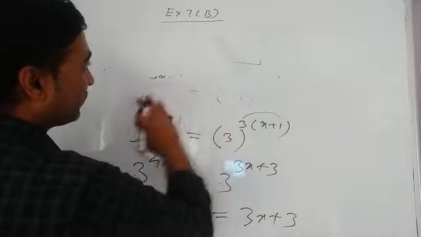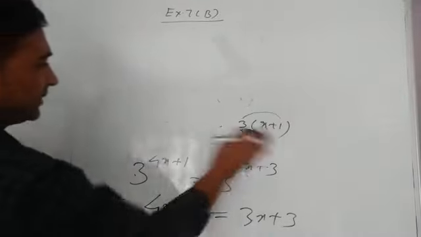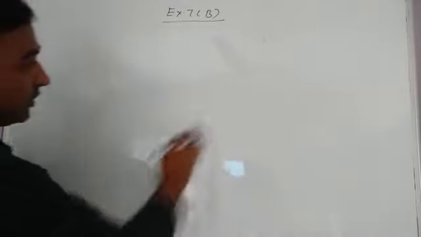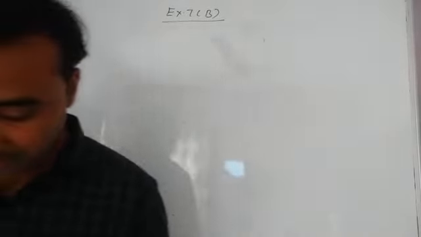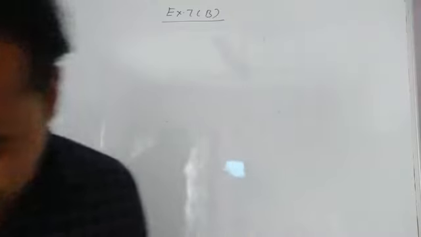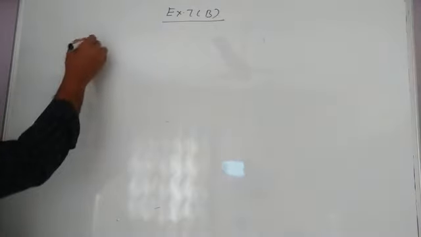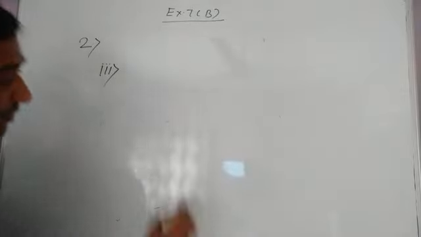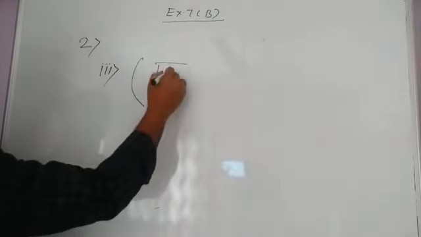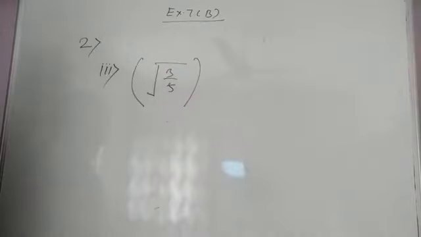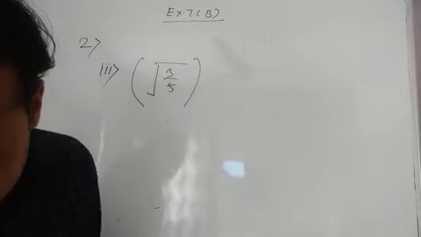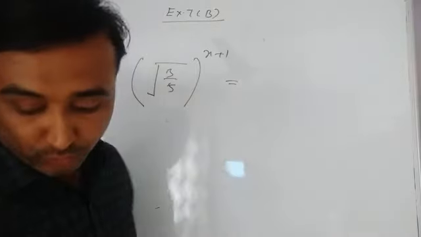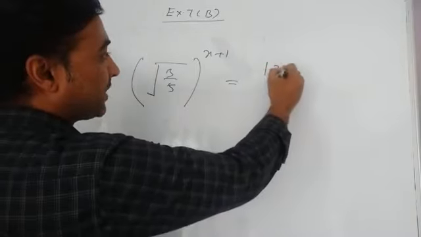One more question I'll take from the same exercise. We are discussing exercise 7b only, so we are going for a question from 7b only. For example, question 2, third one. In that question, it's given that root of 3 upon 5, raised to x plus 1, is equal to 125 upon 27.